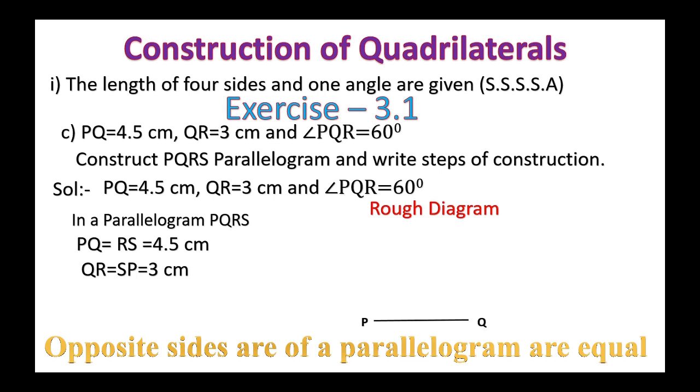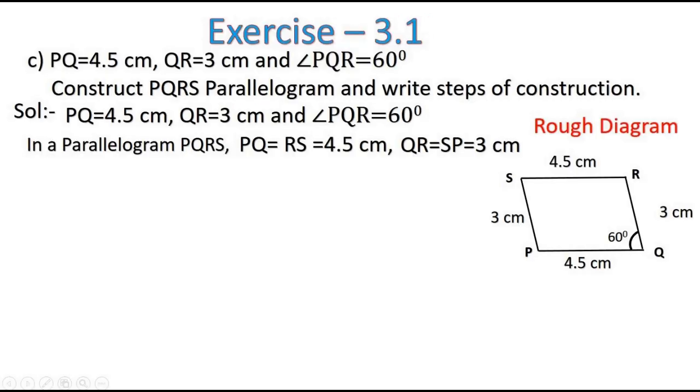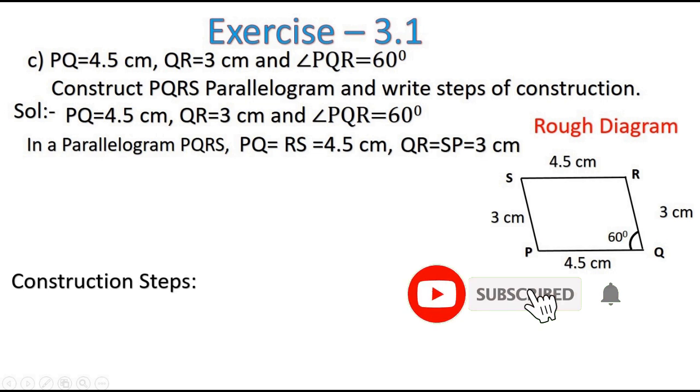PQ is equal to 4.5 centimeters, QR is equal to 3 centimeters, angle PQR is equal to 60 degrees, PS is equal to 3 centimeters and RS is equal to 4.5 centimeters. Then we go to draw parallelogram PQRS. Constructing steps.